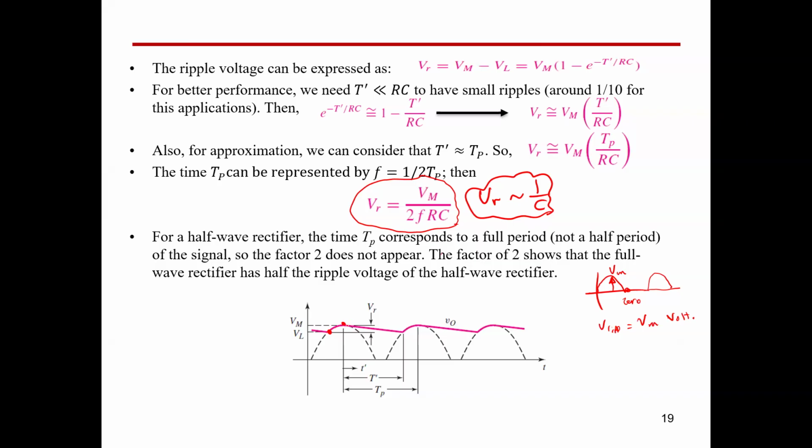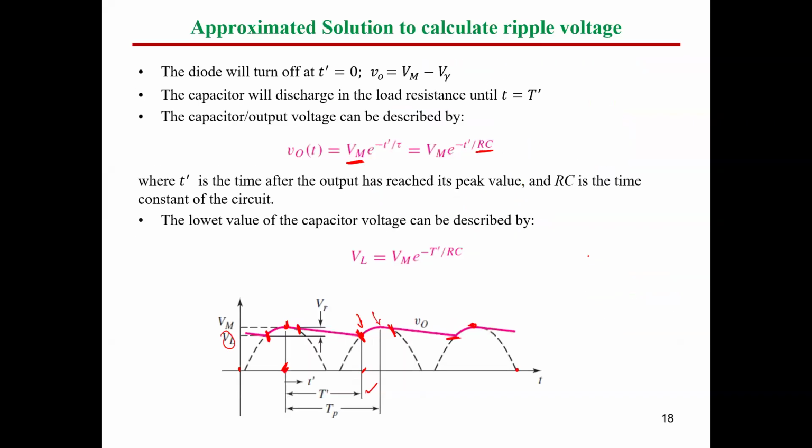How can we calculate this value? From the equations, guys, in the previous slide, we said this is the equation we have: V out of t equals V maximum e to the power minus t prime divided by tau, which is RC. And we can get the value of VL from this equation. How? Simply at this instant.